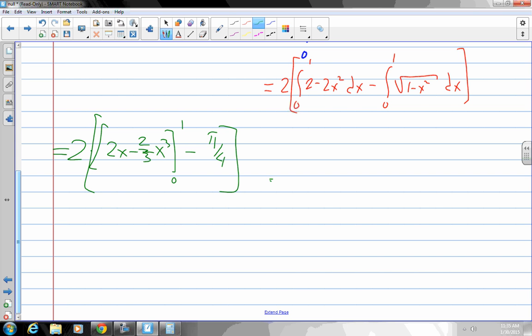That's a totally legal move at this point. It's a quarter of a circle with radius 1. So it's 2 times, you plug in 1, it's 2 minus 2/3. You plug in 0, you get 0. So it's 2 minus 2/3 minus pi over 4. So that's 4 minus 4/3 minus pi over 2.